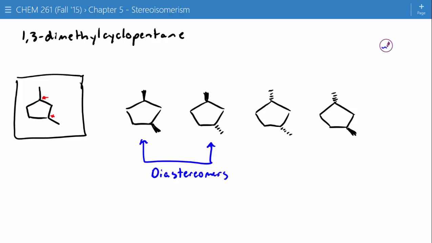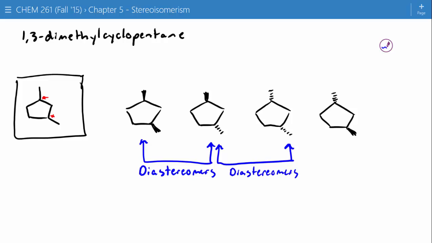What about these two? Yeah, they're also diastereomers. And then we could say, all right, these two are also diastereomers. All right, let's go ahead and compare these two.